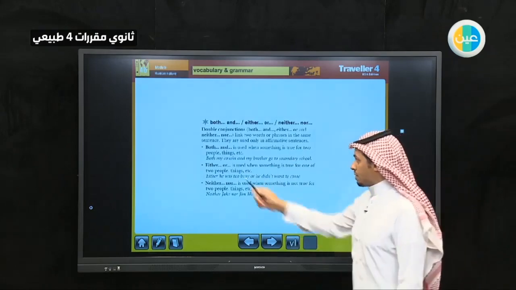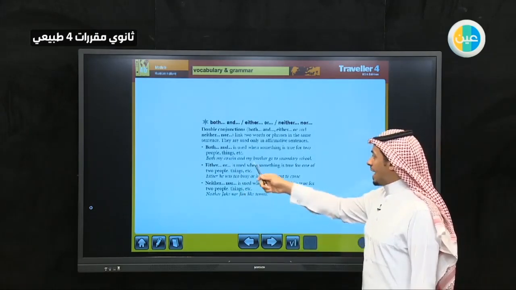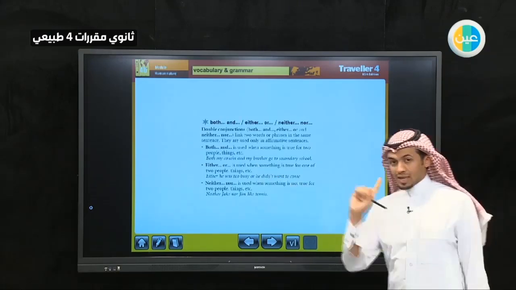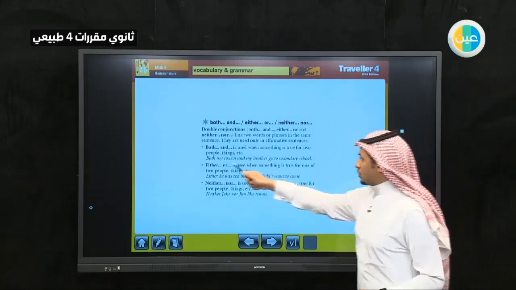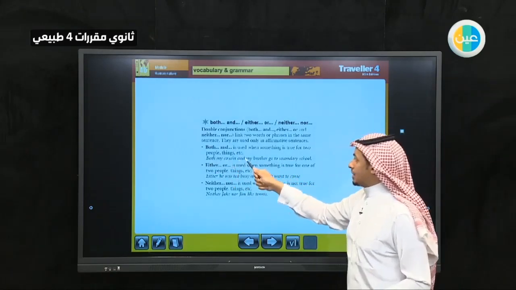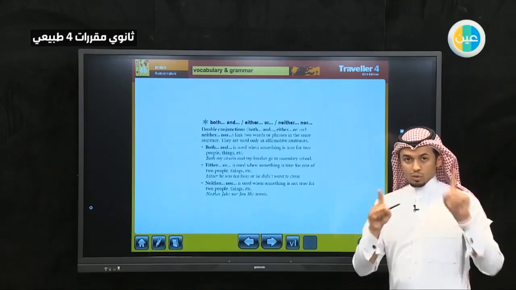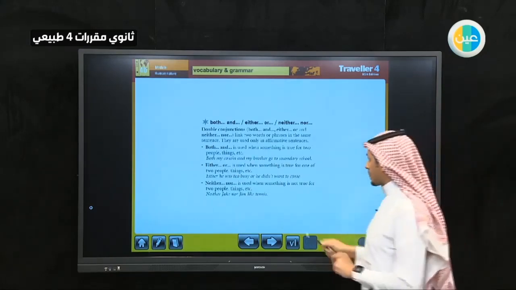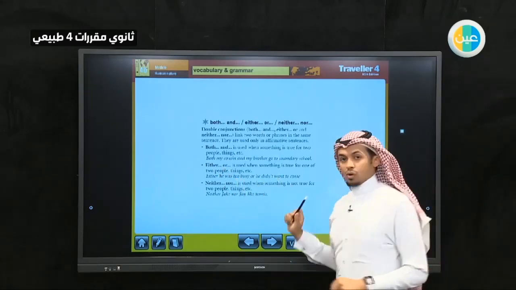For instance, both my cousin and my brother, so we have two people. We use both: both my cousin and my brother go to secondary school. So we use both with and.